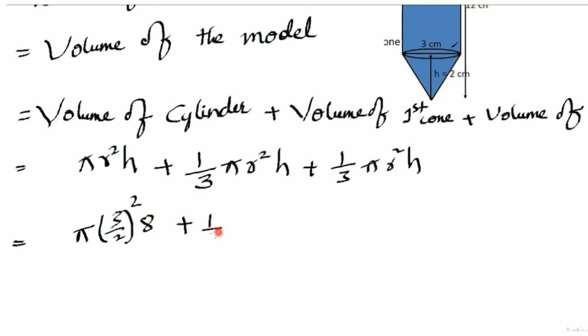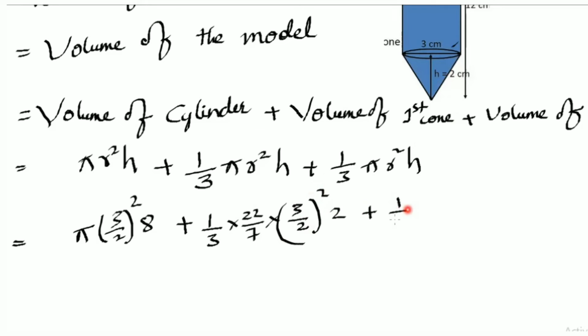Plus 1 by 3 into 22 by 7 into r is 3 by 2 whole square, and h of this one is into 2.